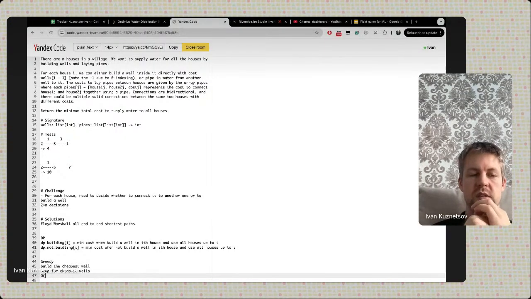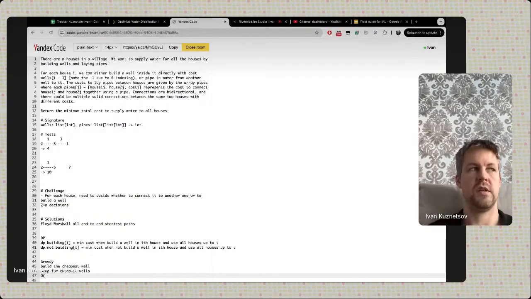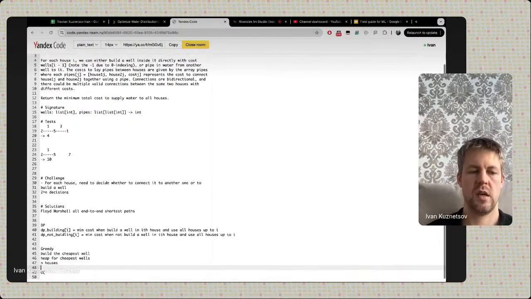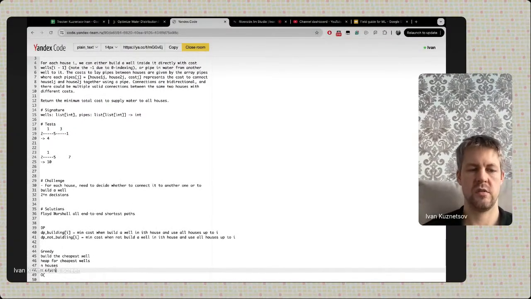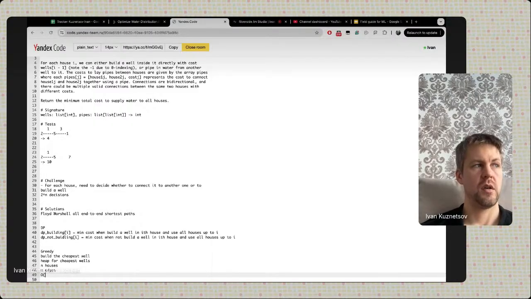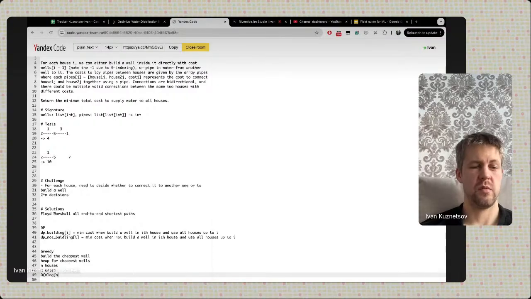Okay, and then this means that our frontier is already of the size of, and let's say there are n houses and m edges as usual. So for each house, finding the shortest path would be of n log, the biggest possible size of this heap would be n plus n.